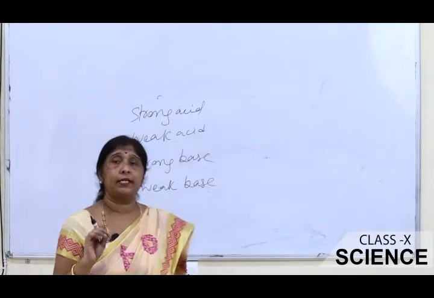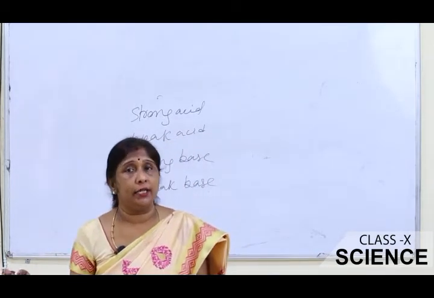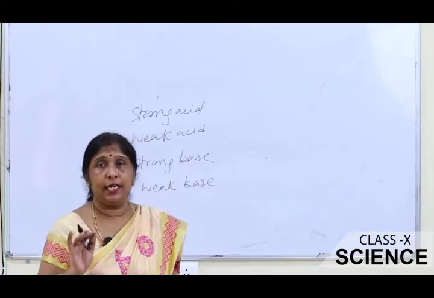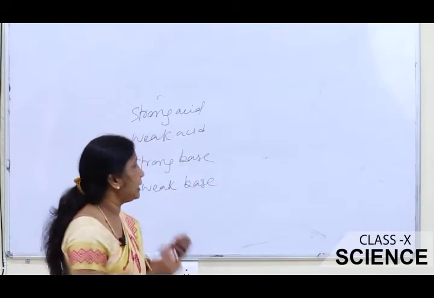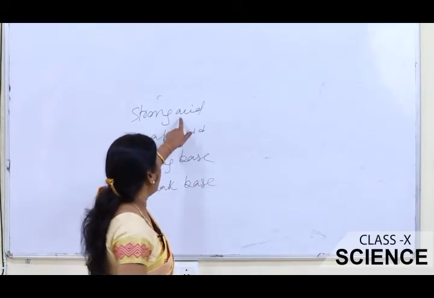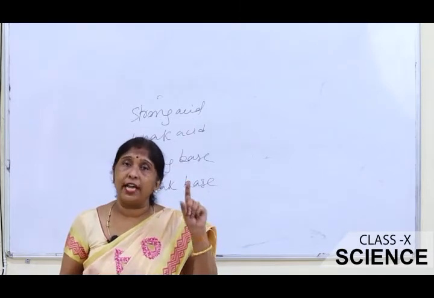Strong acids are the acids that completely get ionized to form free H plus ions. They completely dissociate in water to form H plus ions. And a strong acid produces a large number of H plus ions.